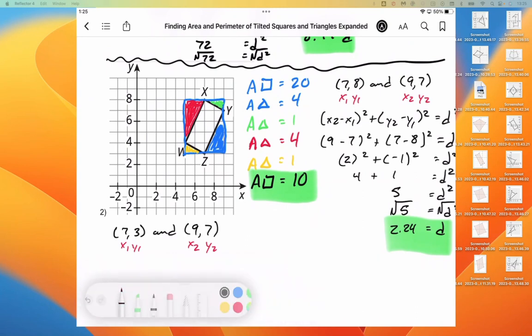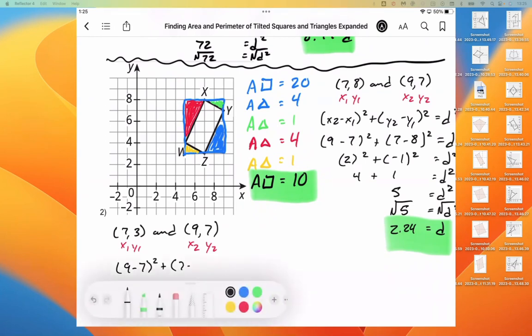I am going to shorten my workup with the distance formula a little bit here because I'm going to run out of space on my page if I don't. And so I'm going to go straight to the numbers being in there. X2 minus x1 is 9 minus 7 squared, plus y2 minus y1 is 7 minus 3.